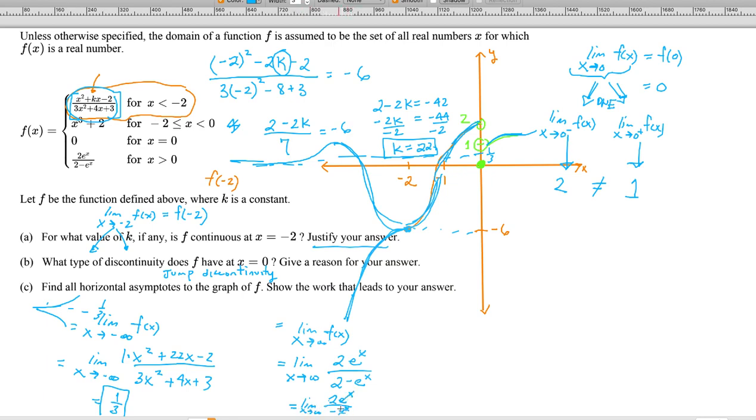And this cancels with this, and I get the limit as x goes to infinity of negative 2. And the limit of a constant is just that constant, negative 2. So this is going to be approaching negative 2 as I get larger and larger values of x. And this is the other horizontal asymptote.